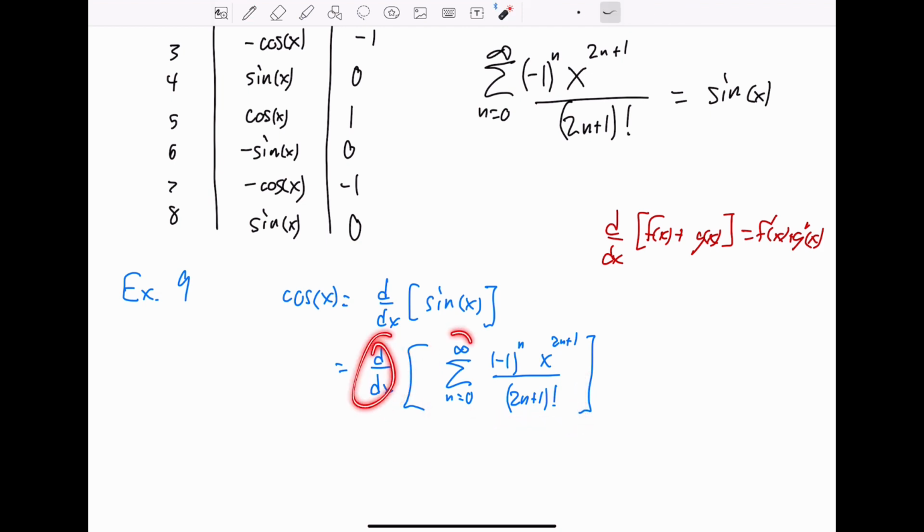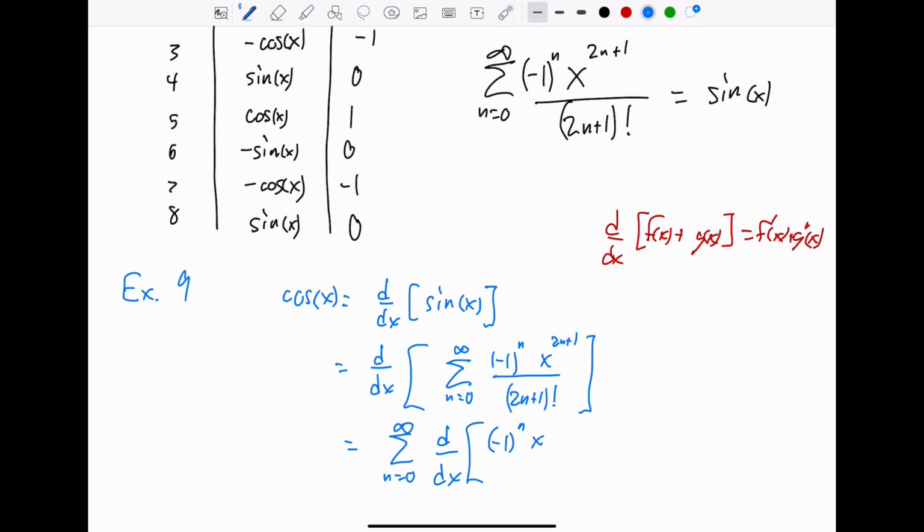So in essence, I can actually switch the sum and the derivative notation. So we have the sum, n goes from 0 to infinity, of the derivative of all this stuff inside: (-1)^n x^(2n+1), divided by (2n+1) factorial. So the derivative of a sum is the sum of the derivatives.